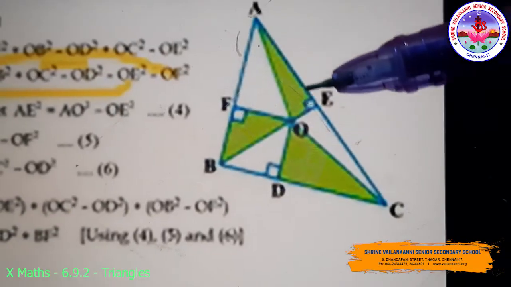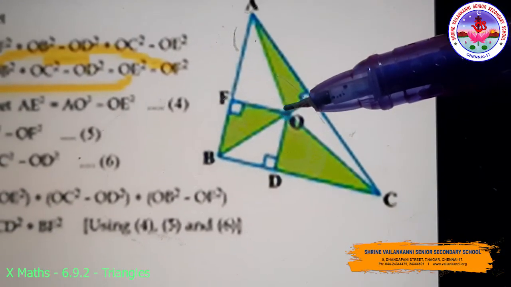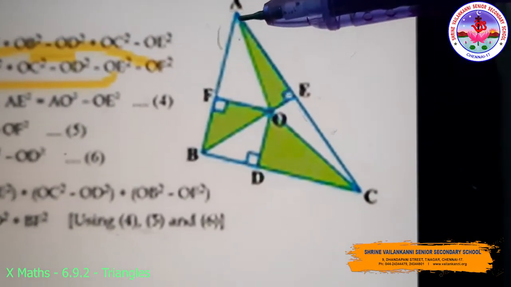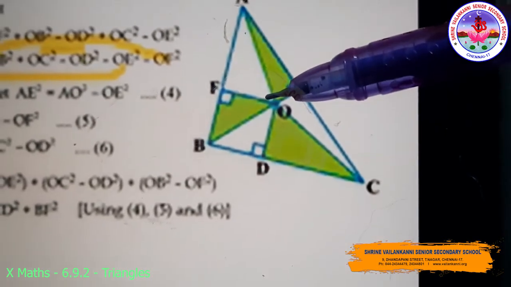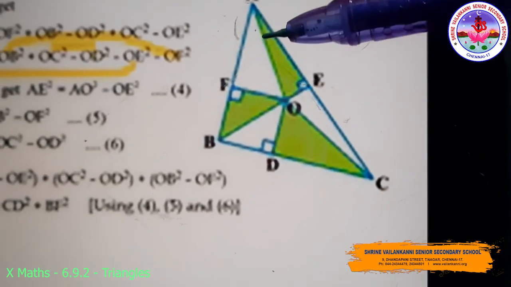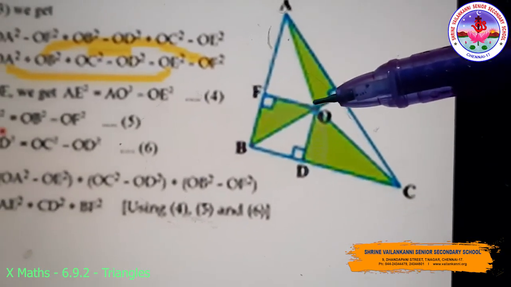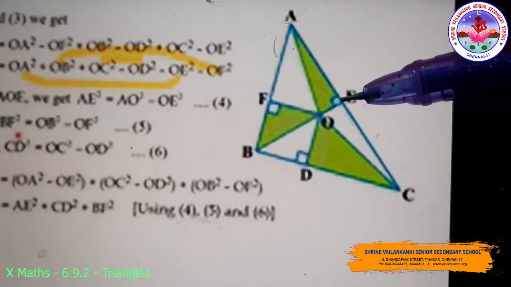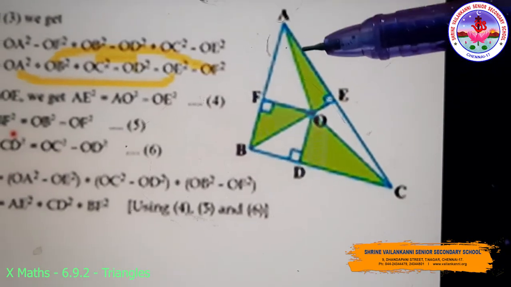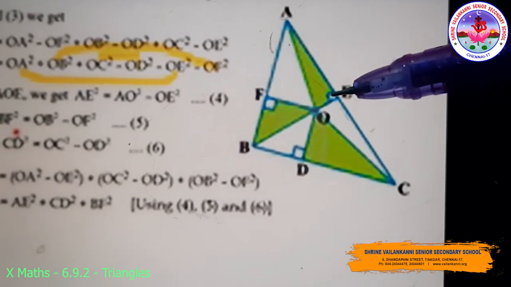We will see in the triangle. So I have rearranged such that my OA squared is joining with minus OE squared. So OA squared minus OE squared, which will be equivalent to the AE squared.